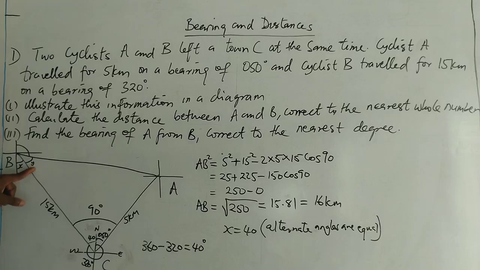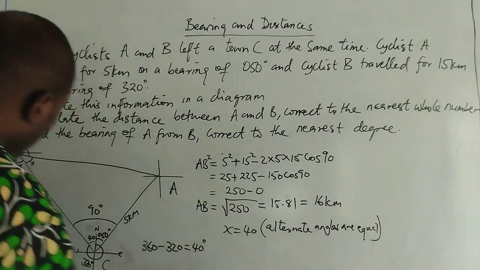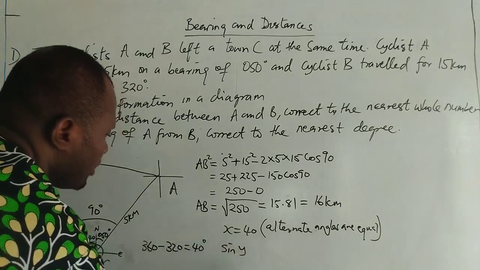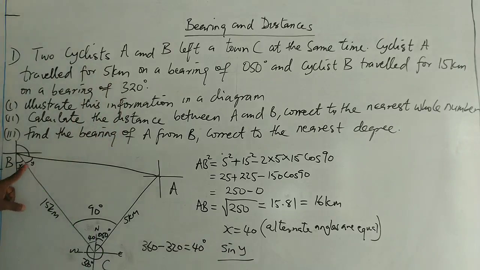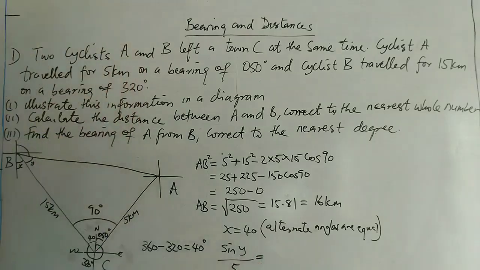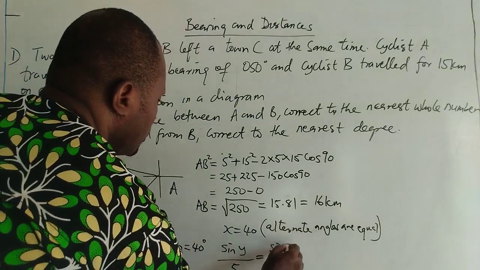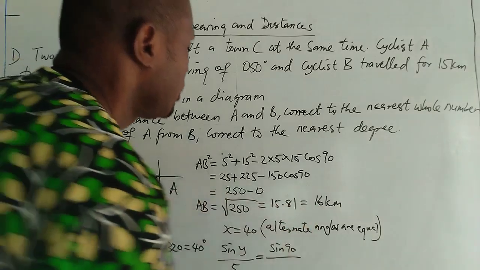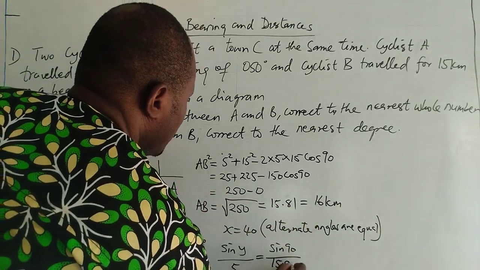Then for us to get y, we need to employ the sine rule. So sine y over the side facing y, 5, equals sine 90 over the side, which we got, 15.81.